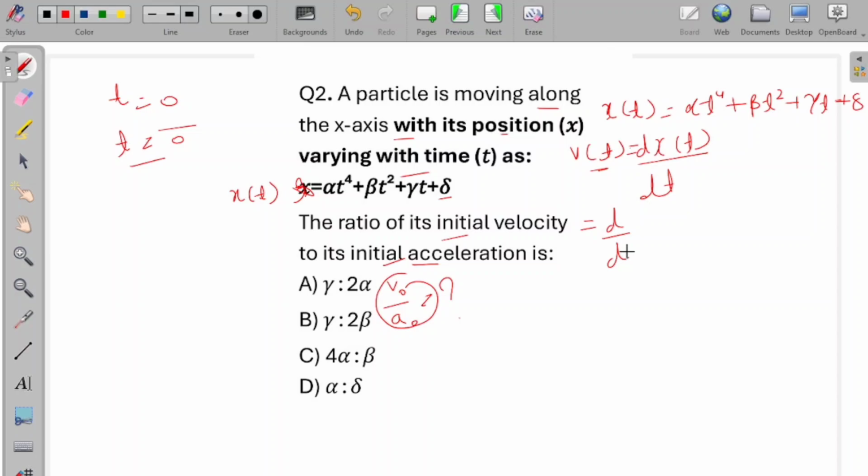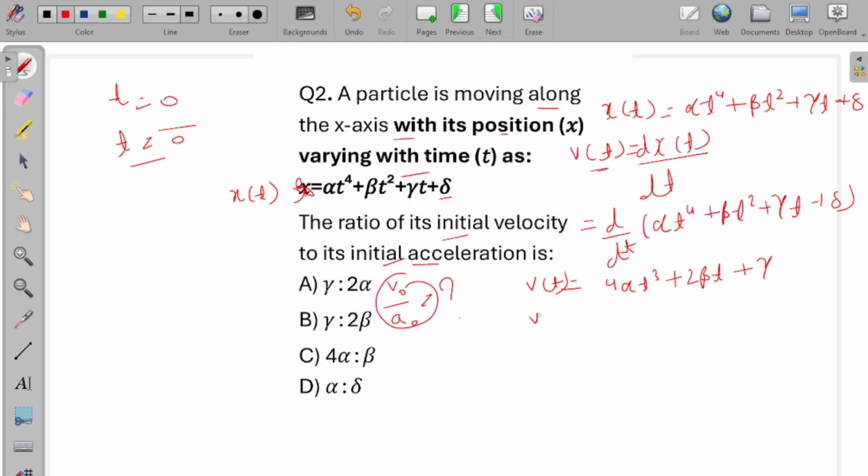Let's write it down over here. d by dt of alpha t to the power 4 plus beta t square plus gamma t and delta. On differentiating it, we will get 4 alpha t cube plus 2 beta t plus gamma. Now this is the general expression for velocity.